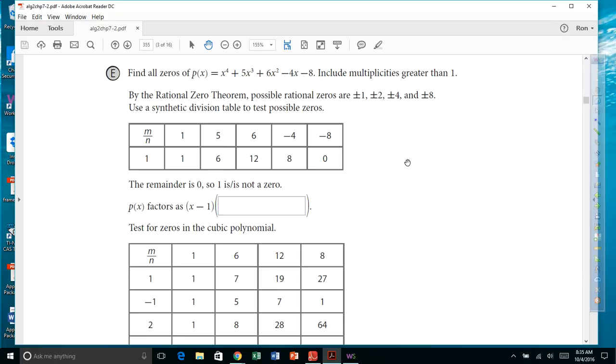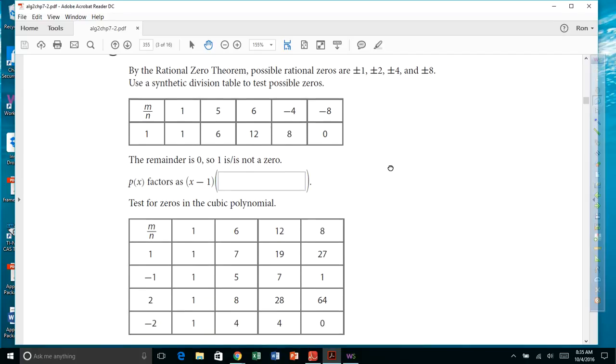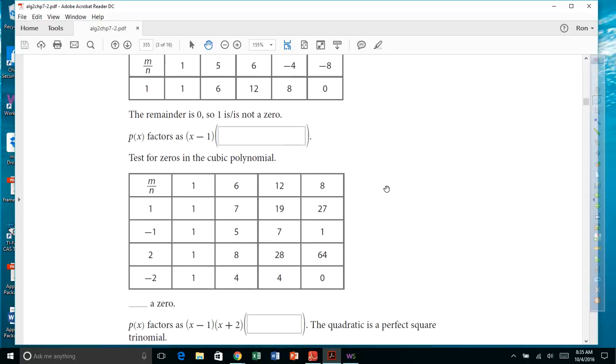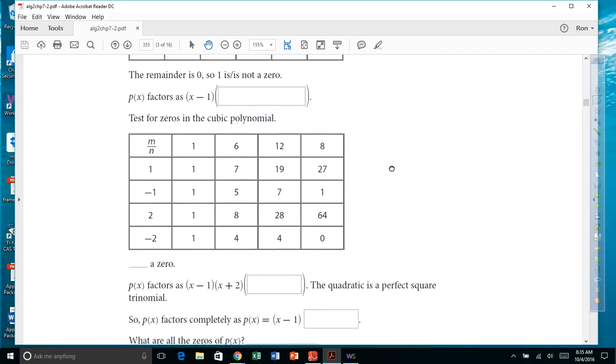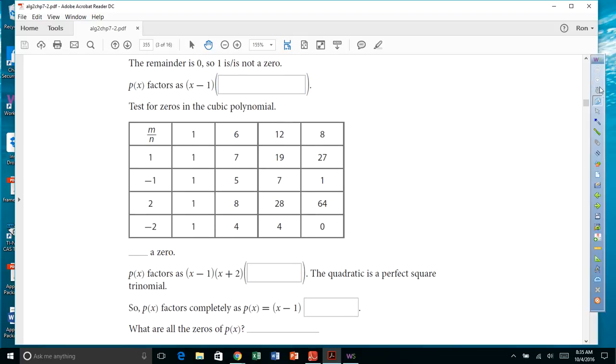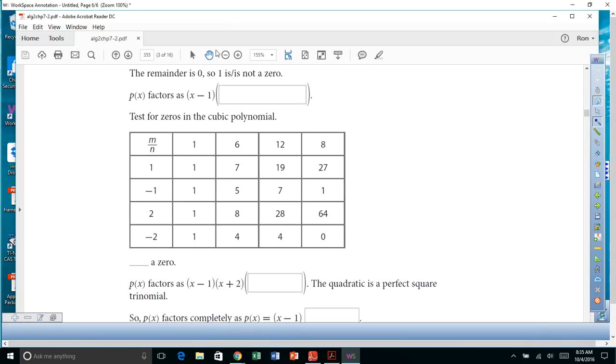By the rational zero theorem, we're looking for the rational zeros of 8, negative 8. So we got plus or minus 1, 2, 4, and 8. Well, we get lucky. The first one we try is 1, and 1 gives us a remainder of 0. So 1 is a 0.